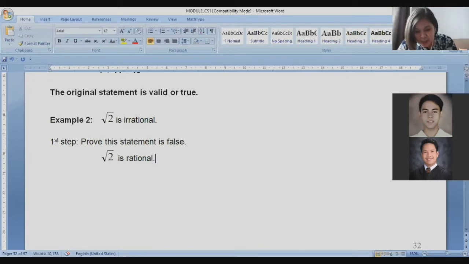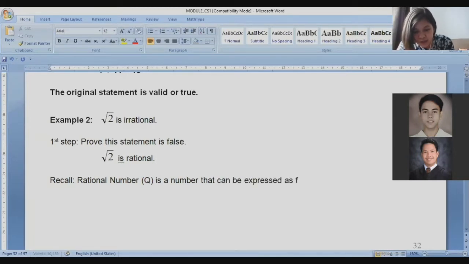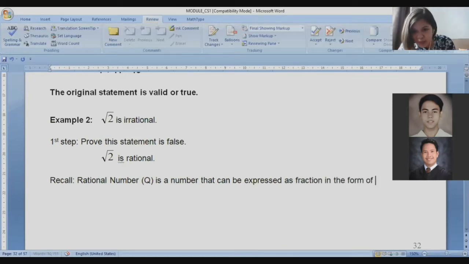Ma'am, what is irrational? Let's define it. Recall the representation of rational numbers in algebra, Q. In any book, a rational number is a number that can be expressed as a fraction in the form of a over b.